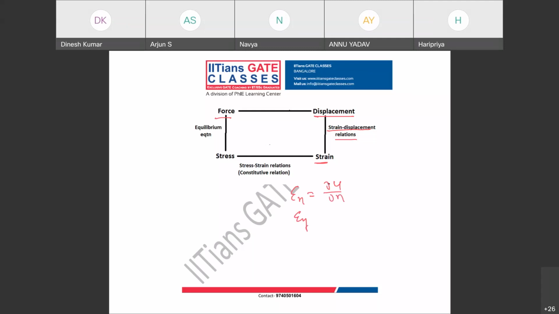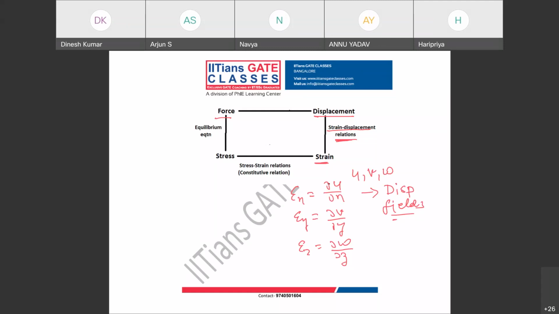Epsilon y can be written as what? Dou v by dou y. Epsilon z as what? Dou w by dou z. What are u, v, w, guys? Can anyone tell? These are my displacement fields. Okay, so this is the strain-displacement relationship.